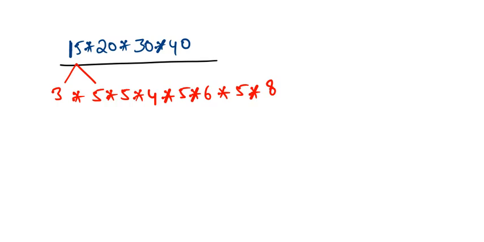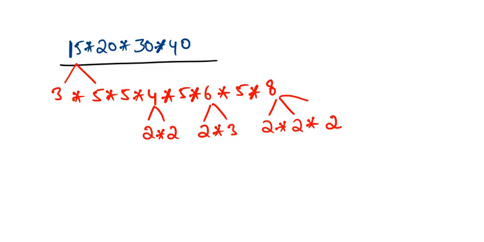So 3 into 5 into 5. 4 can be written as 2 into 2. 6 can be written as 2 into 3. 8 can be written as 2 into 2 into 2.